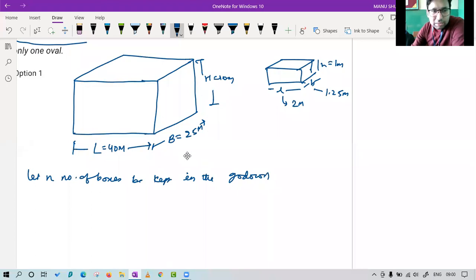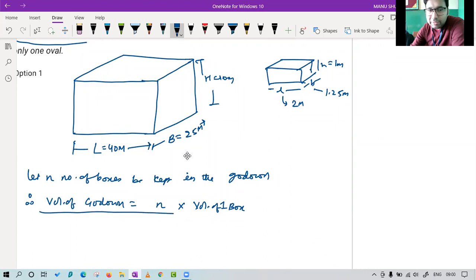We can say, therefore, volume of godown is equal to n multiplied with volume of one box. This is the main statement that we can write to start the question with. Yes, Ananya, very good. Now, what is volume of godown?